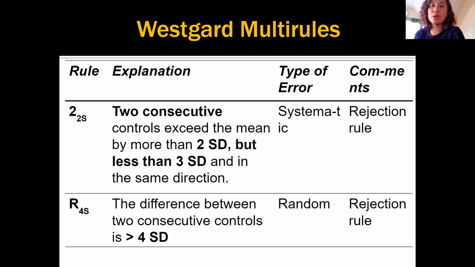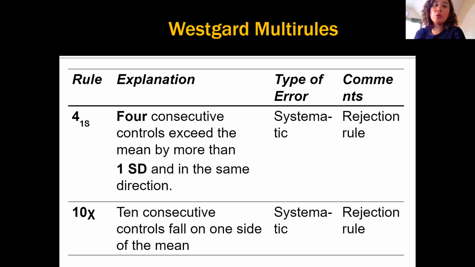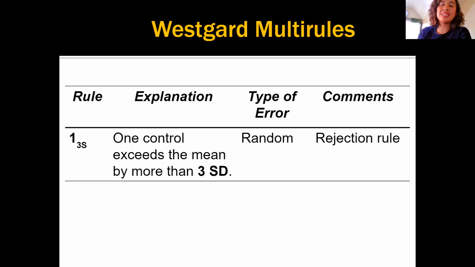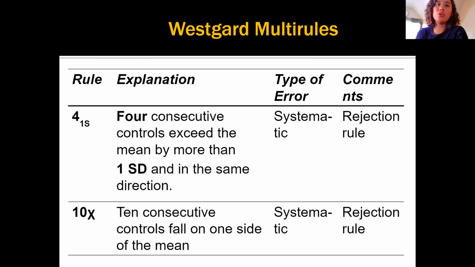Random error, masyado silang magkalayo. 4-1S, ibig sabihin, 4 ang tumambay beyond 1S. So this is a systematic error. 10x. 10 consecutive controls fall on one side. Systematic error. So parang shift ang nangyari. Reject lahat yun. Okay. 1-2S lang ang warning, in control. Lahat ng iba ay error.